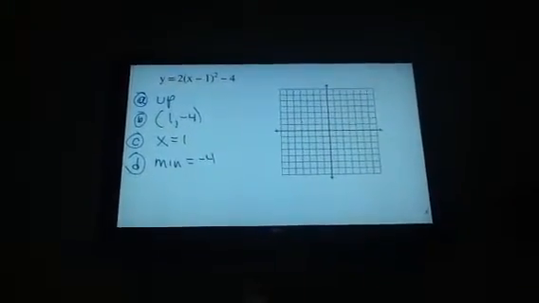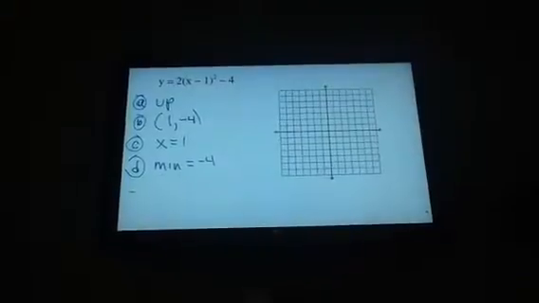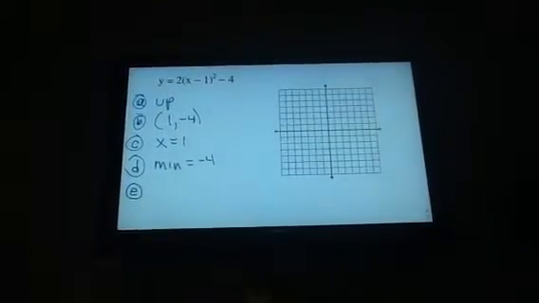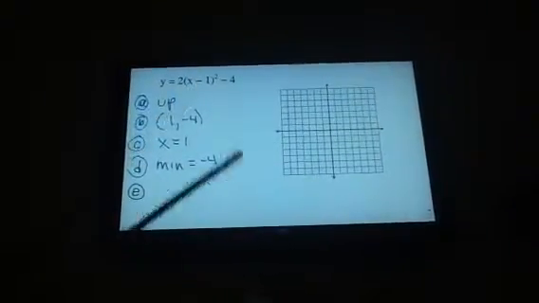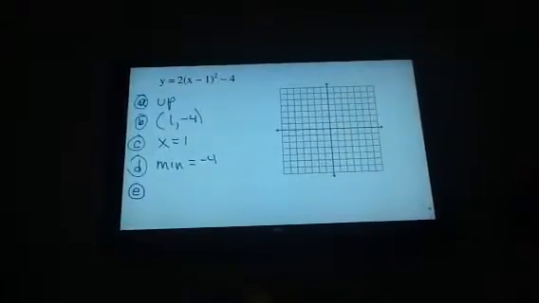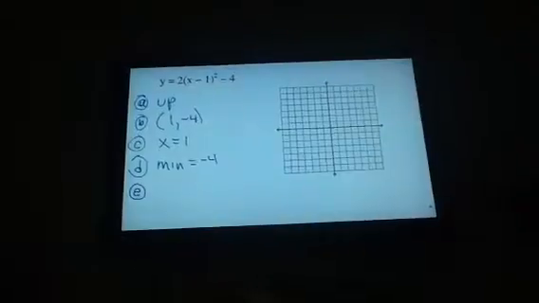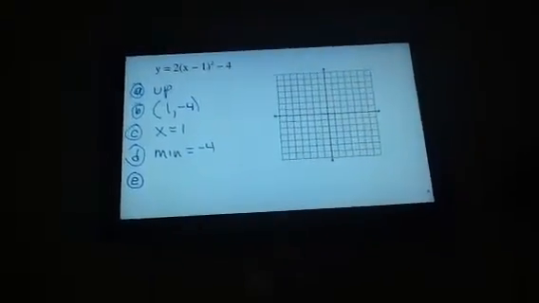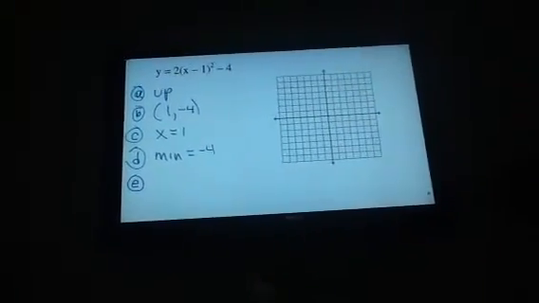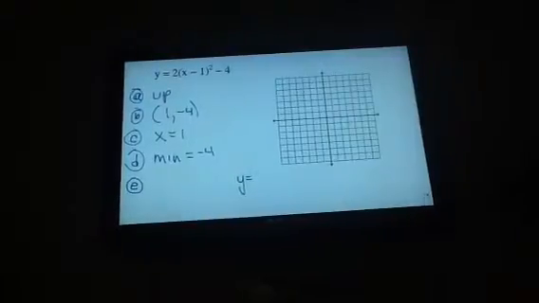Next, I want to find my y-intercept. To find my y-intercept, I'm going to take this and put 0 in for x. Now, I'm going to write this down, but I would suggest strongly that you just punch it into your calculator, okay? So, for your y-intercept, you're going to put 0 for x.